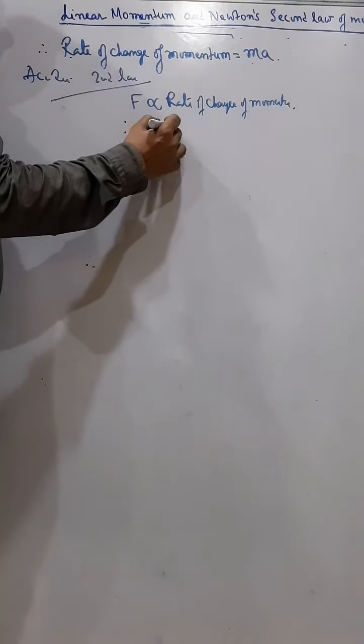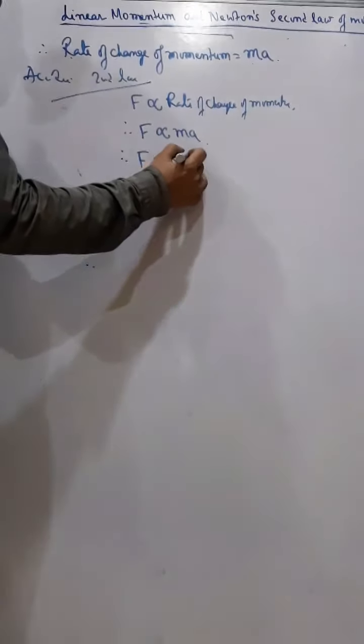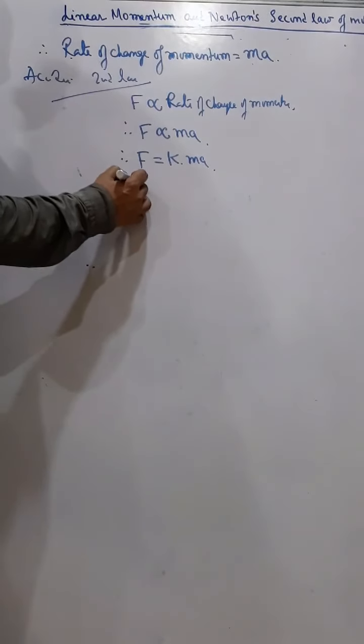That means F is directly proportional to m into a, because rate of change of momentum is equal to mass into acceleration. Now from proportion to equals, I have to give a constant, F equals k m a, where k is the proportionality constant.